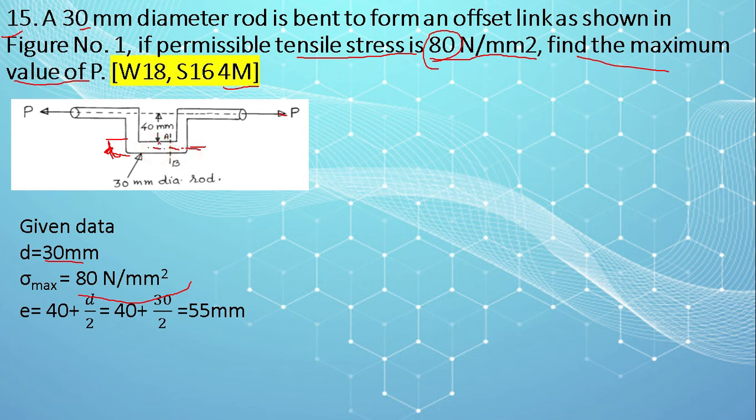So the distance from the axis to this extreme fiber is 15 mm. So this 15 plus this 40. So your eccentricity is 40 plus D by 2, 40 plus 30 by 2 is equal to 55. This means from this axis to the axis of application of this force, the total distance is 55.